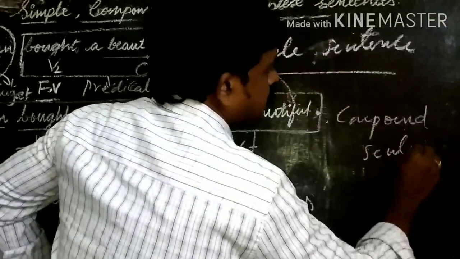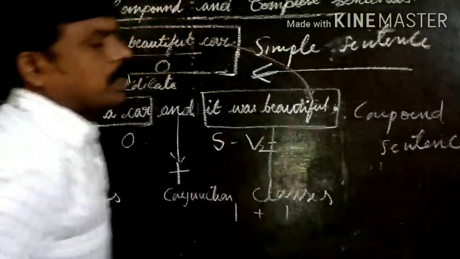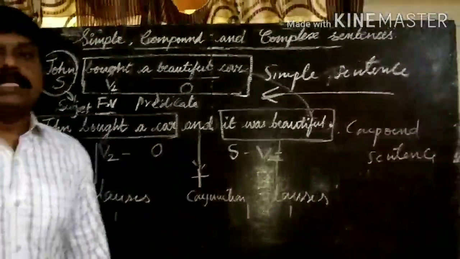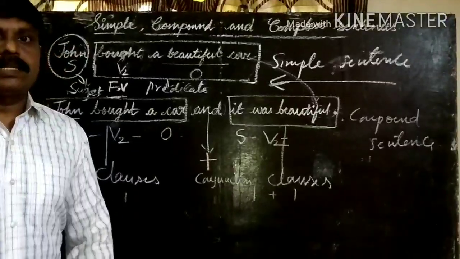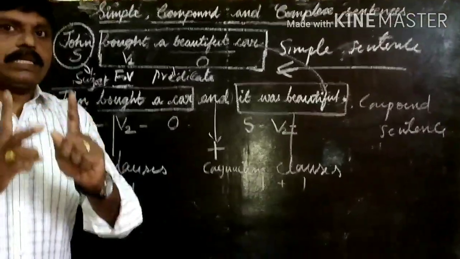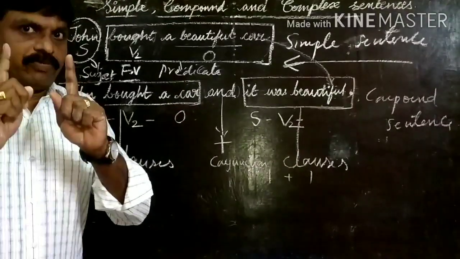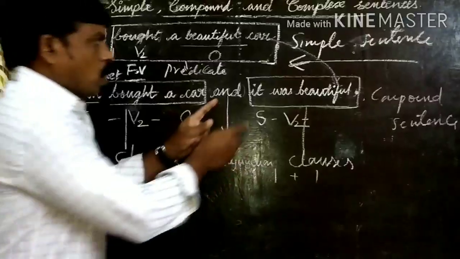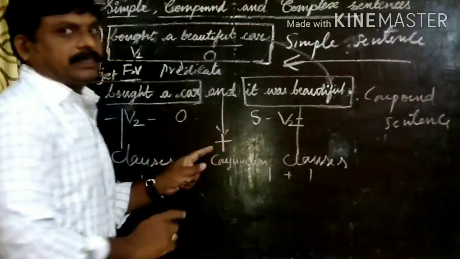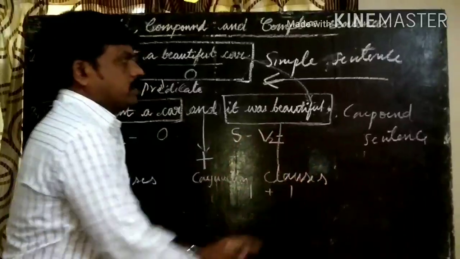A compound sentence is a sentence that has two subjects and two predicates, or two clauses, which are connected with a coordinating conjunction. Then it is called a compound sentence.